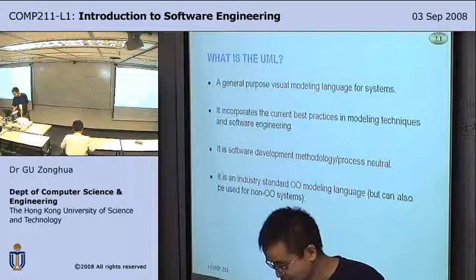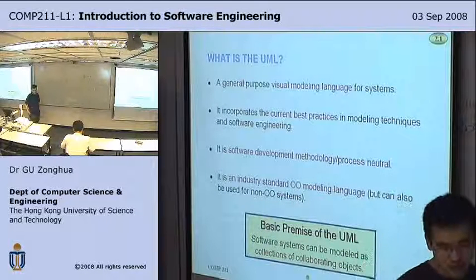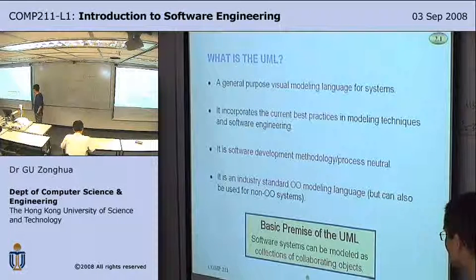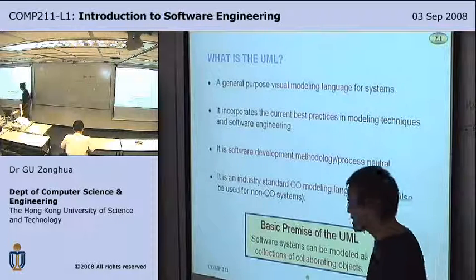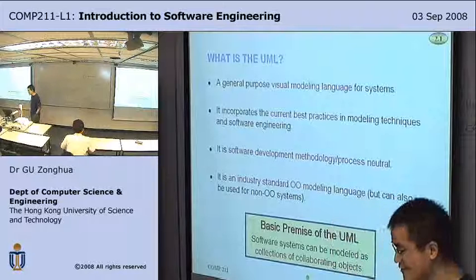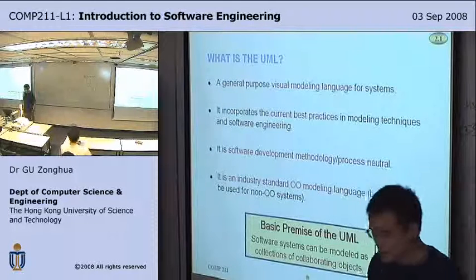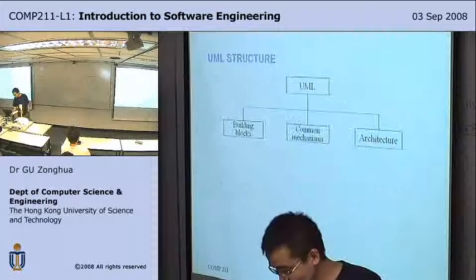So the basic premise of UML, indeed the basic premise of OO, is that software systems can be modeled as collections of collaborating objects. We'll elaborate on this point.